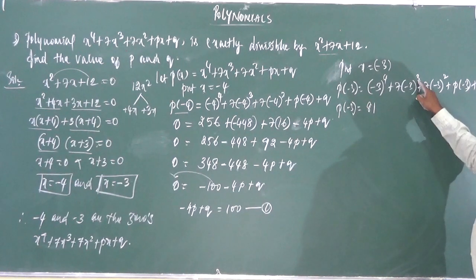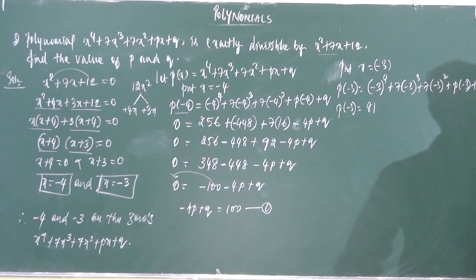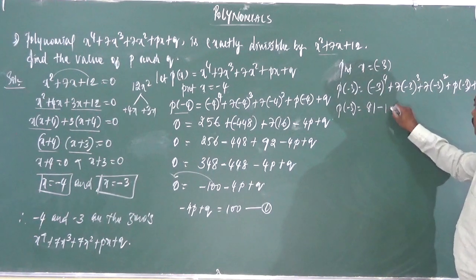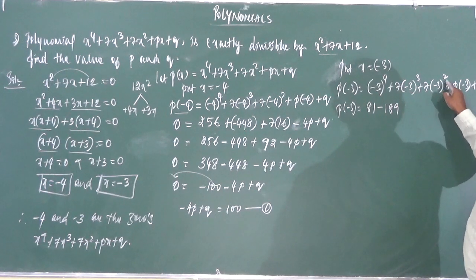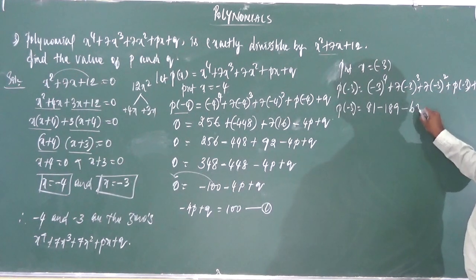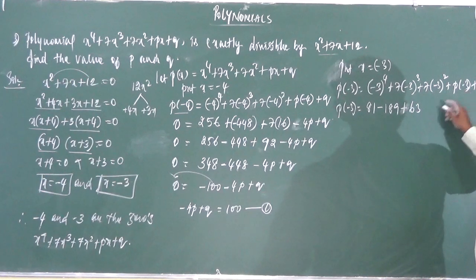Minus 3 whole cube is minus 27, 27 into 7 is 189, so it is minus 189. 7 into (minus 3) whole square is 63, plus 63. Plus into minus is minus 3p plus q.